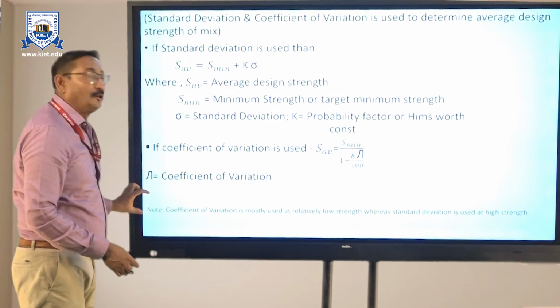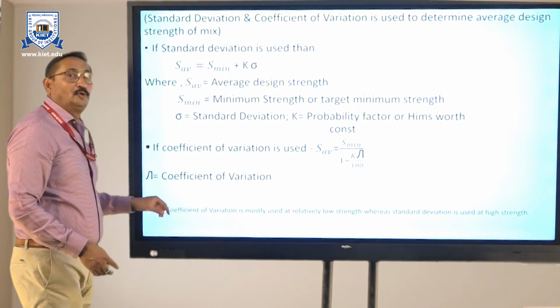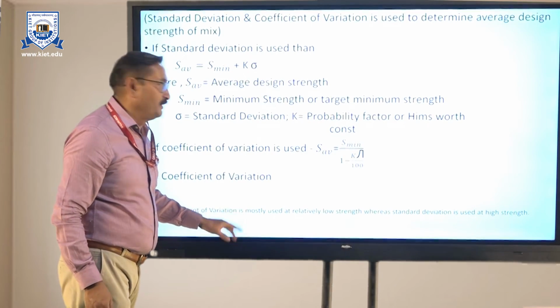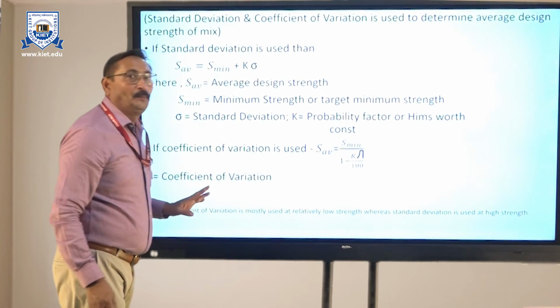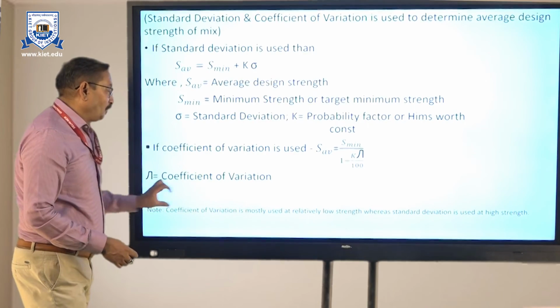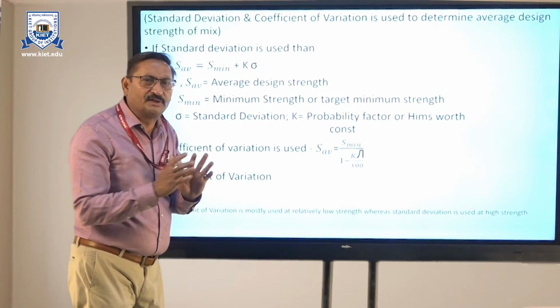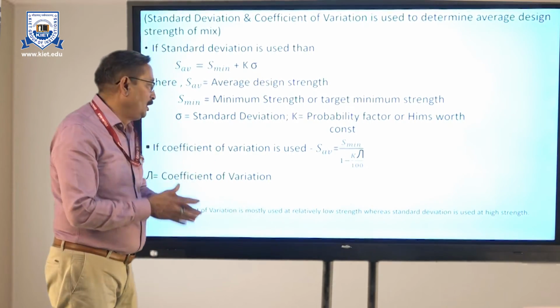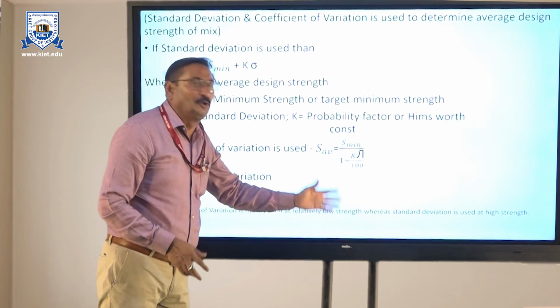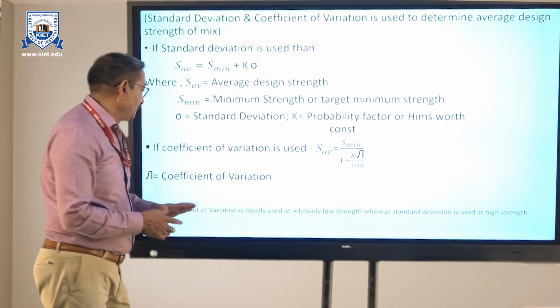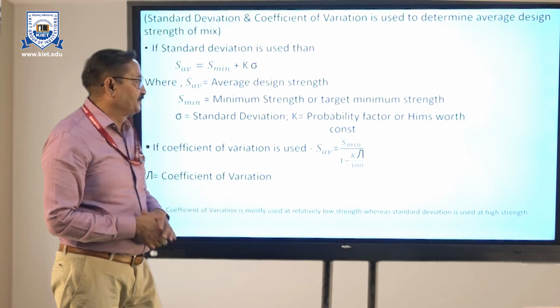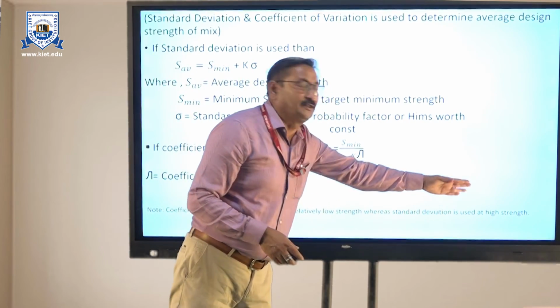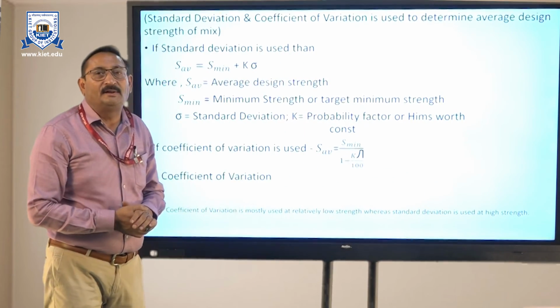We have to note when to use coefficient of variation and when to use standard deviation. Actually, coefficient of variation is mostly used. It has been shown by research that when relatively low strength has to be calculated, we use coefficient of variation, whereas standard deviation is used at high strength.